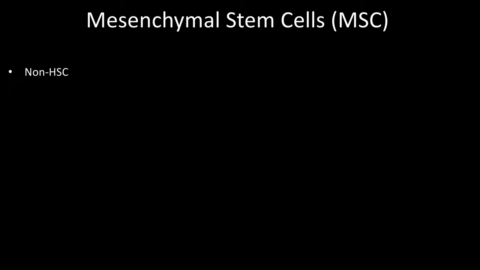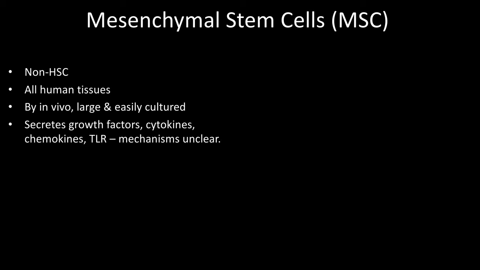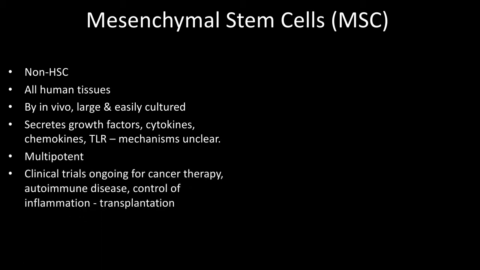First, what is a mesenchymal stem cell? Mesenchymal stem cells are the stem cells which are not hematopoietic stem cells, present in all the human tissues, and which can be easily cultured in large amounts in vitro. They secrete growth factors, cytokines, chemokines and toll-like receptors, but the mechanisms are still unknown.